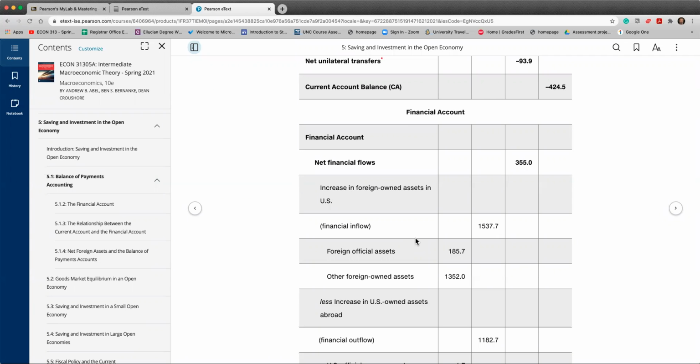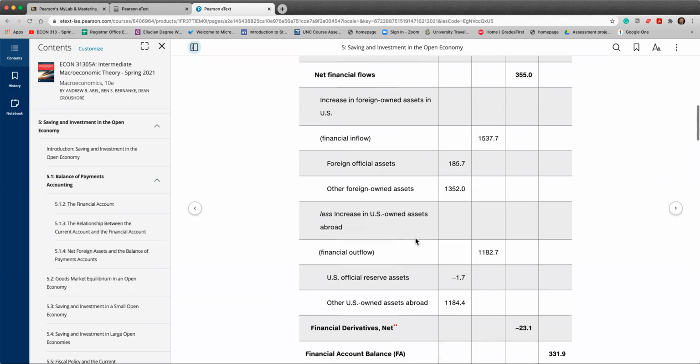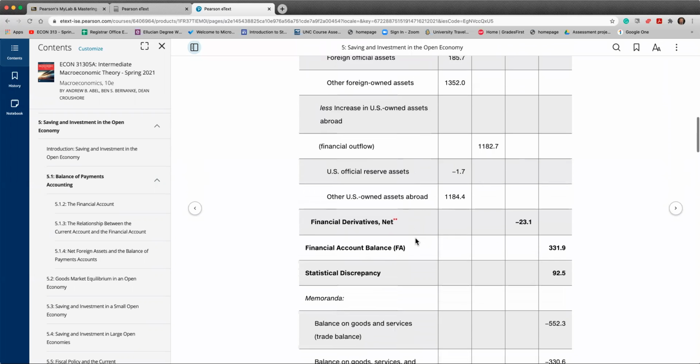Is it to buy goods and services, or is it to buy and sell real and financial assets? Stocks, bonds, treasury bonds for the US government, real estate, warehouses, factories, etc. Okay? So those two go together.